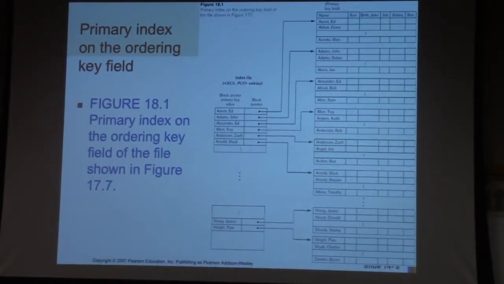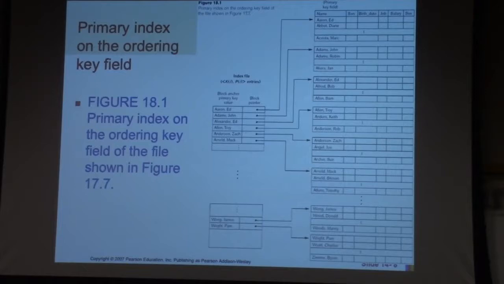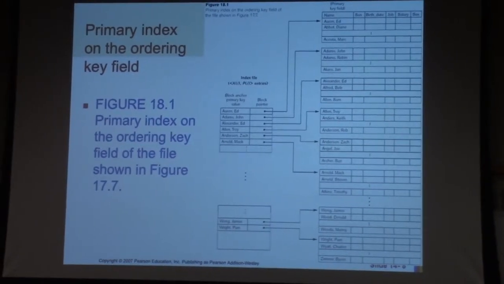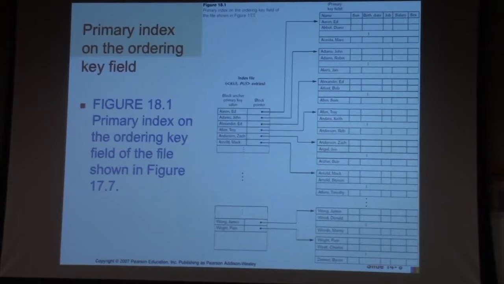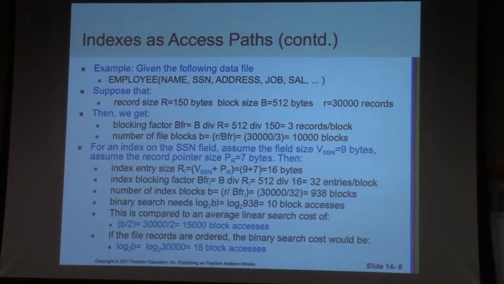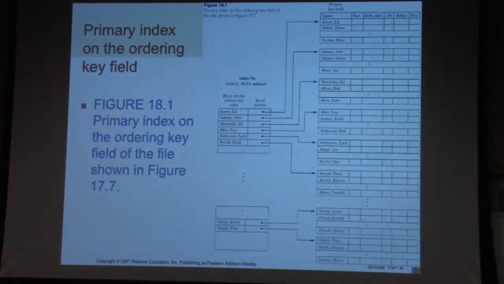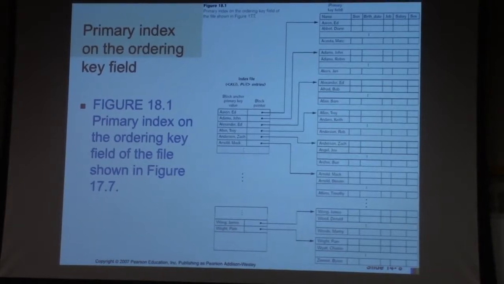So this is called the primary index. The primary index is the index for an ordered file, ordered by the primary key. We will see next class how much faster it is in the evaluation. Then another question: is the primary index a dense index or a sparse index?